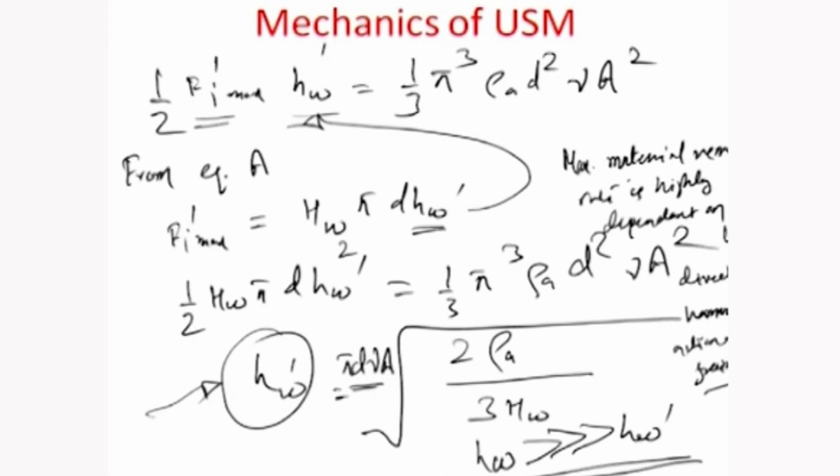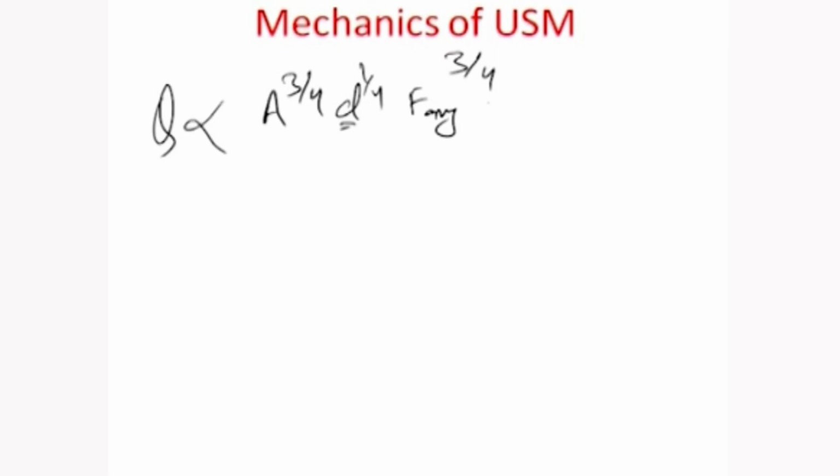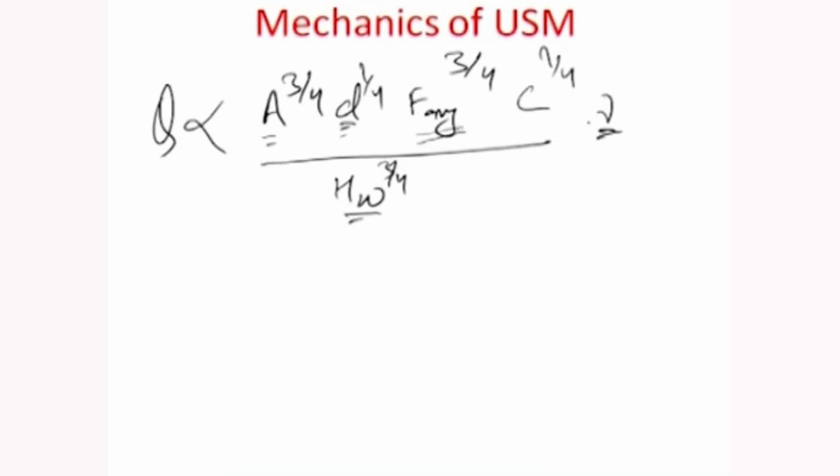And from the earlier relationship we already have seen that the MRRQ, okay, is proportional to A 3 by 4 grain diameter small d to the power 1 by 4 average tool force to the power of 3 by 4 times of concentration to the power of 1 by 4 divided by hardness of the workpiece to the power of 3 by 4 times of nu, where nu is the operating frequency, A is the amplitude, small d is the grain diameter, this is the average force, and HW is the hardness of the workpiece.